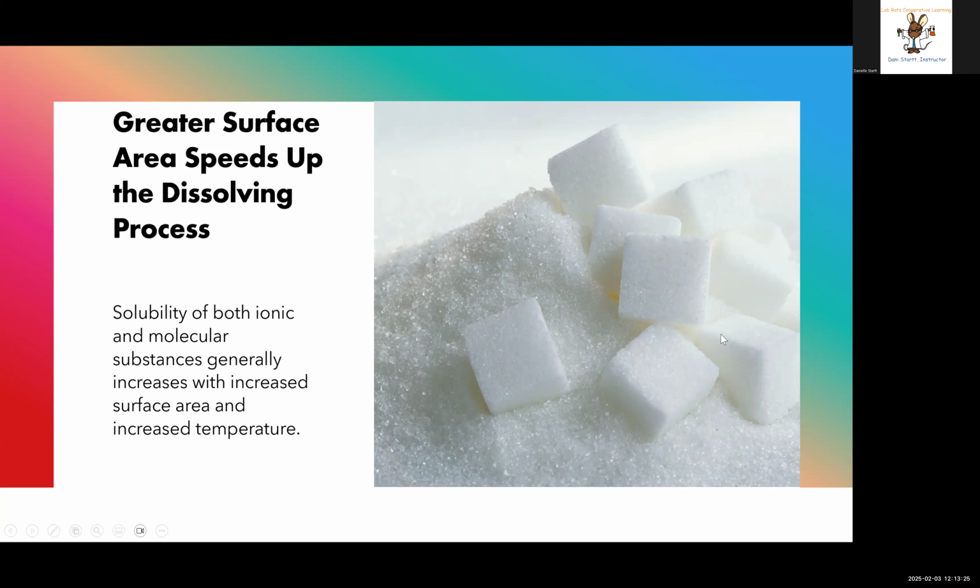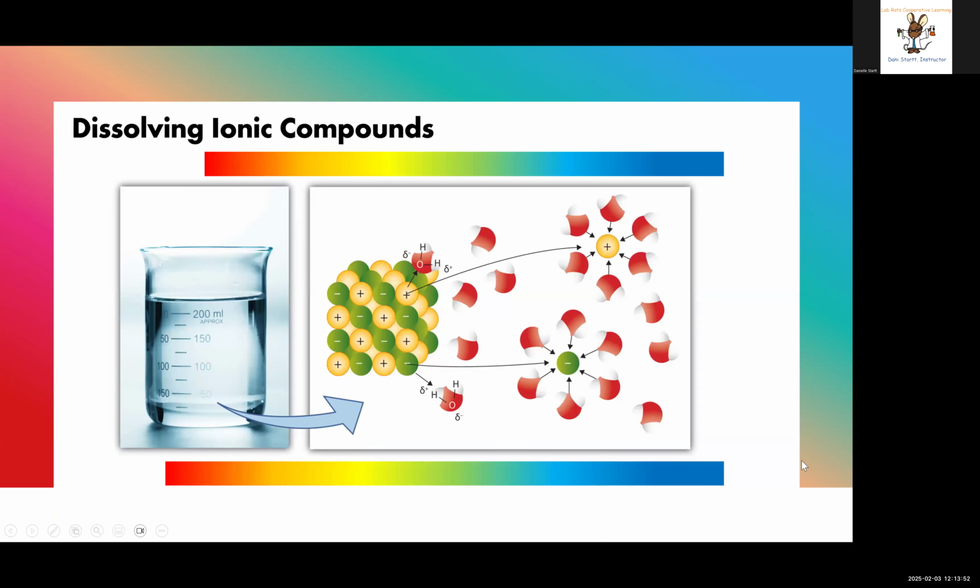If you have a candy cane versus the same mass of sucrose in granulated form, and you put them both into a glass of water, obviously your granulated sugar is going to dissolve more quickly than your solid massive candy cane. And that has to do with surface area. More sucrose is exposed to water in granulated form than when you're dealing with a solid mass of sucrose, as in a candy cane.